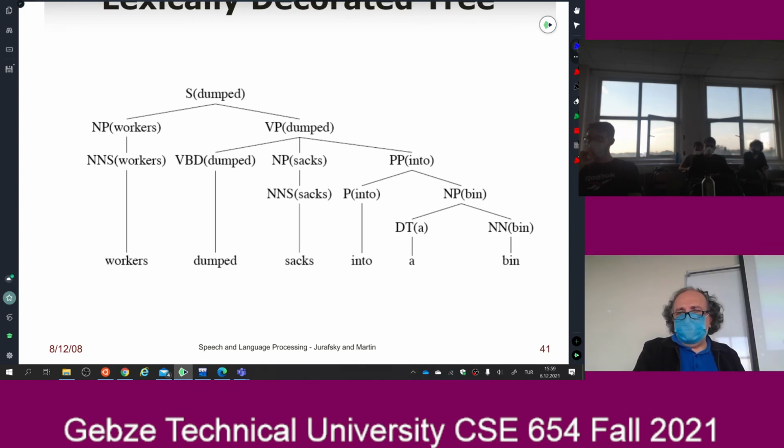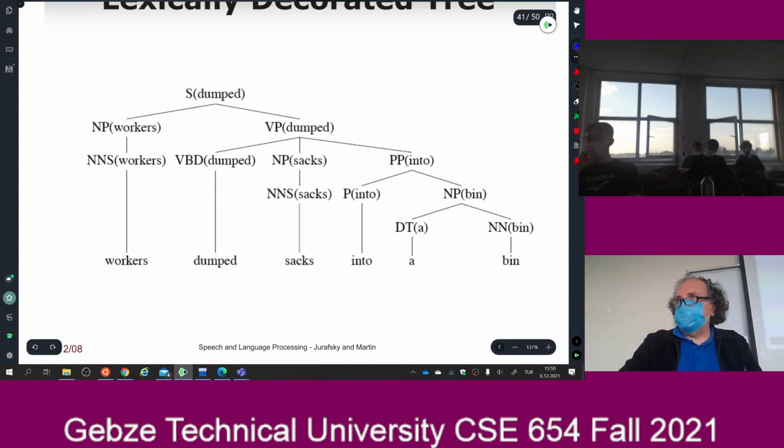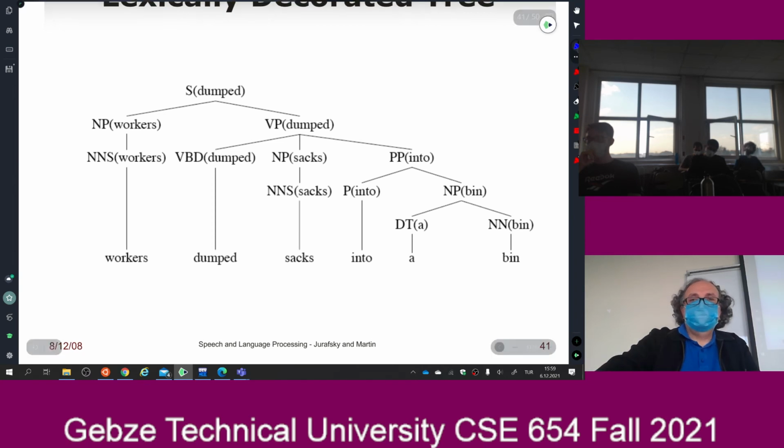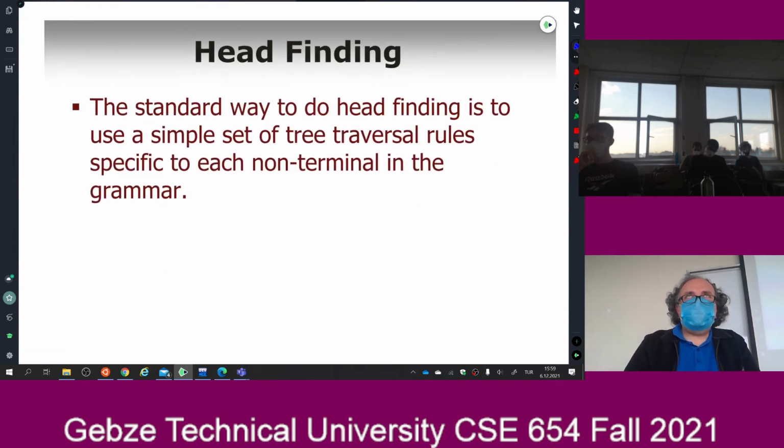So each constituent, each non-terminal, has a head defined, and after we come up with this parse tree, at the top we will have the head of the sentence. We are going to use this head definition later when we look at the dependency grammars. The other thing that is important: head is not just for the sentence only. It is for sentences, verb phrases, prepositional phrases, etc. Head finding, as I said before, is just an algorithm.